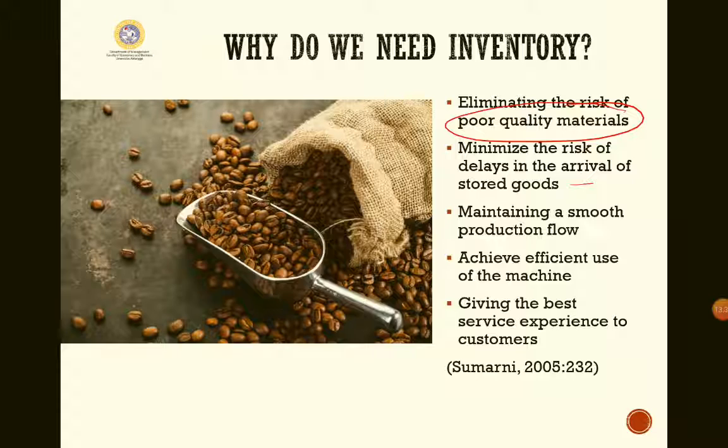Another important note is maintaining a smooth production flow, achieving efficient use of the machine, and giving the best service experience to customers. So you will not let your customer be disappointed because you run out of stock or run out of the goods that you offer to the customer.